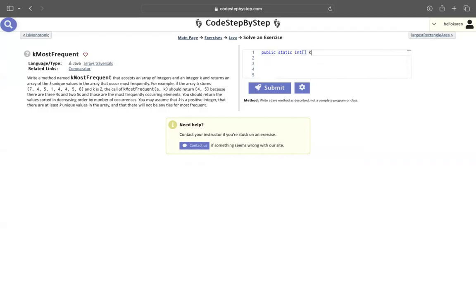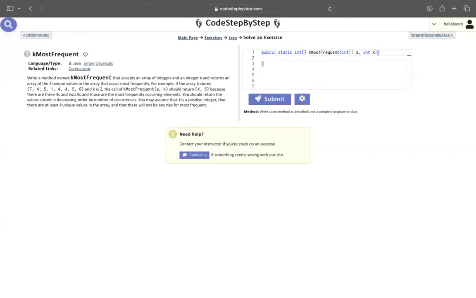And then what's the name? K most frequent. And then what parameters do you take? int bracket A, comma, int K. The first one is A. Yeah, it's A, comma, K. Okay, great.